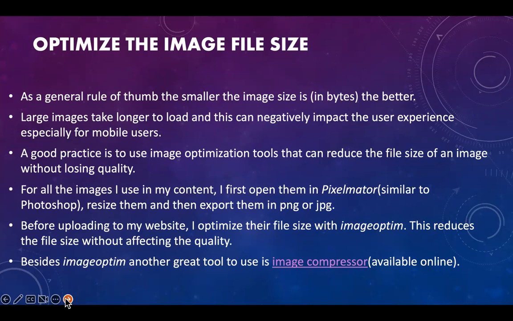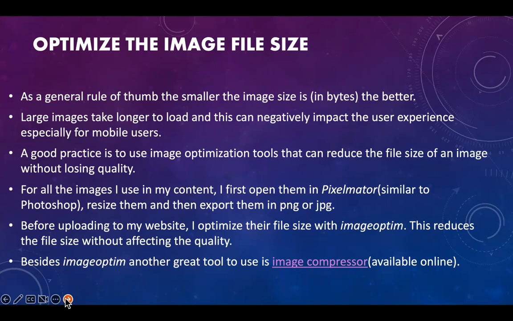For all the images I use in my content, I first open them in Pixelmator or similar, Photoshop, resize them, and then export them so that they are reduced in size but still have similar resolution to the original.